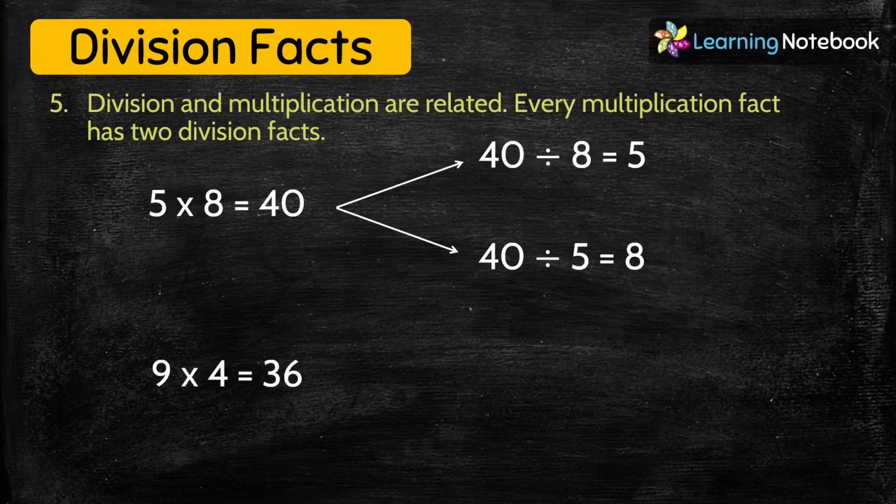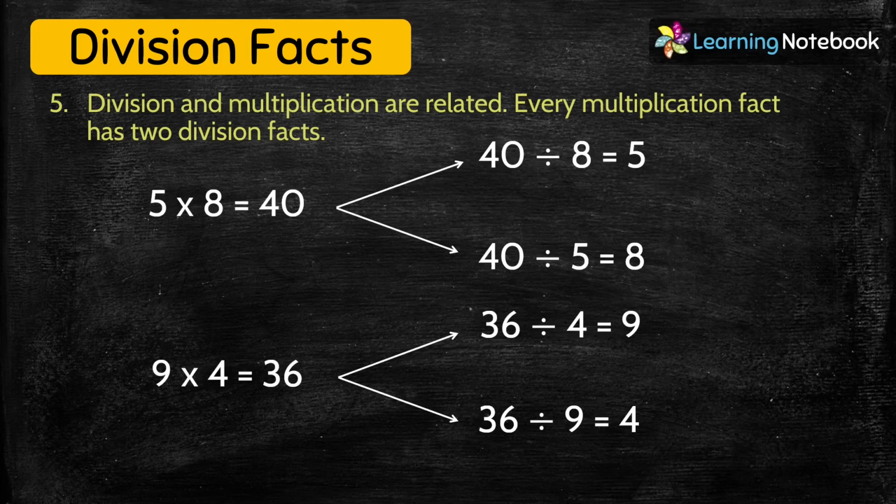Similarly, consider the multiplication fact 9 into 4 equals 36. It also has two division facts. 36 divided by 4 equals 9, and 36 divided by 9 equals 4. So students, these are the 5 division facts.